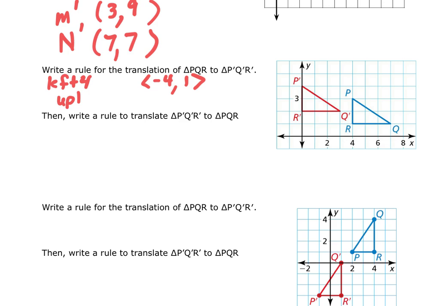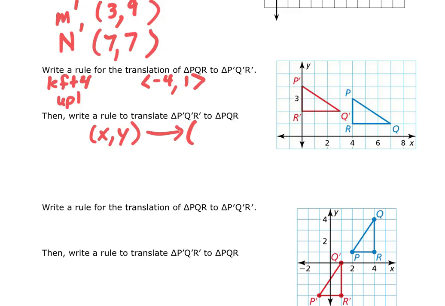Okay, if I wanted to write a rule as ordered pairs to show what's happening here, I'm going to take all ordered pairs, x, y, and we're going to add 4. Oh, sorry.